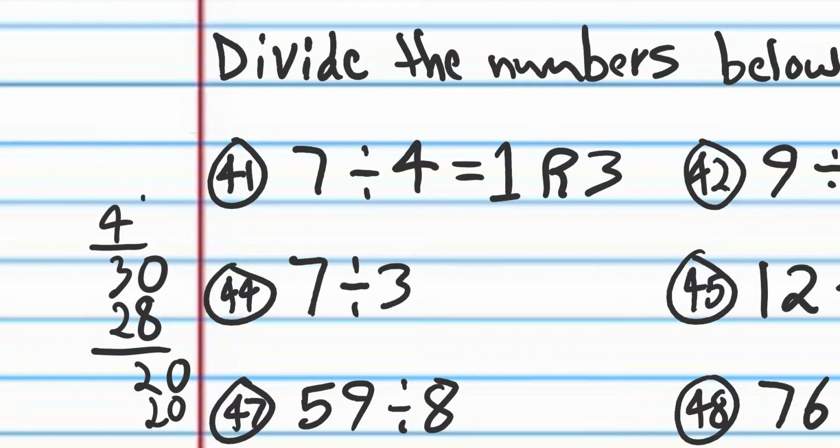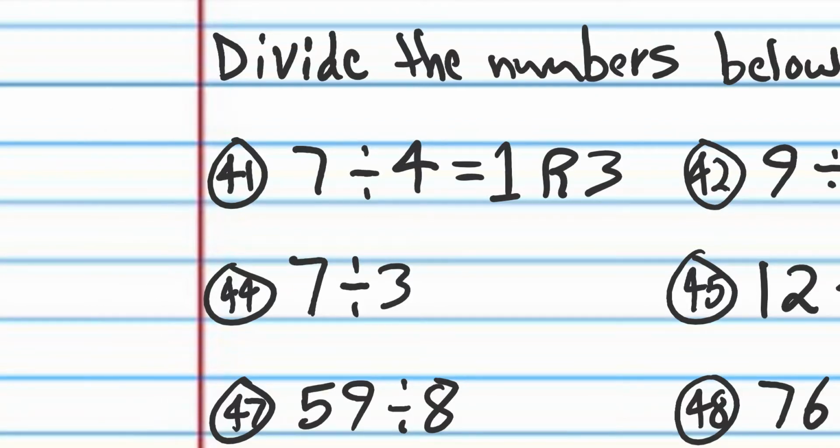But what if you don't want to write the answer with an R for remainder? And what if you don't want to write the answer as a decimal? Well, there's a way to quickly write the answer as a mixed number.